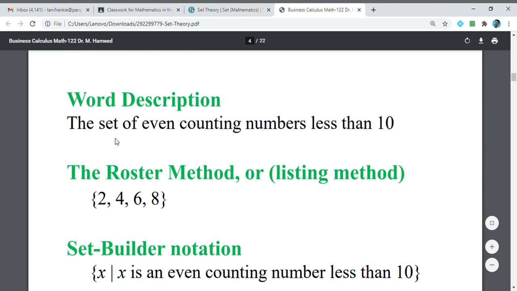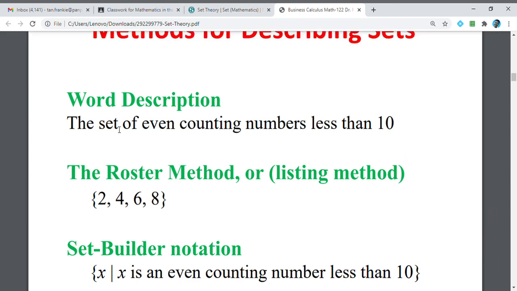Okay, so when we talk about word description, this is usually expressed in terms of phrases, or it can be expressed in terms of mathematical sentences. So for example, we have here the set of even counting numbers less than 10. This is an example of a word description in terms of describing a given set.